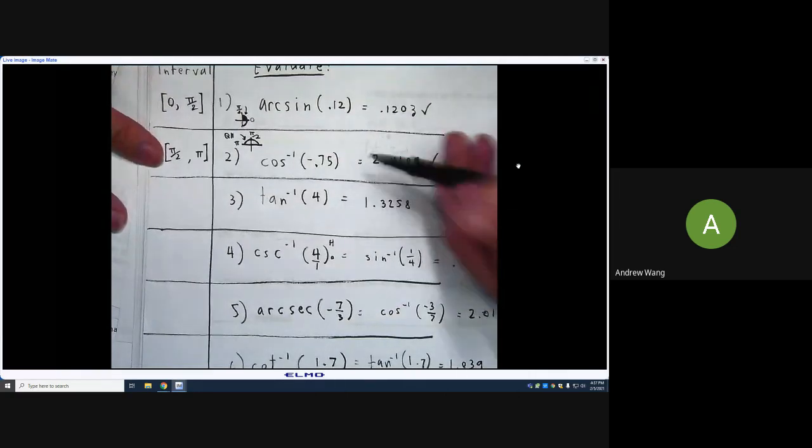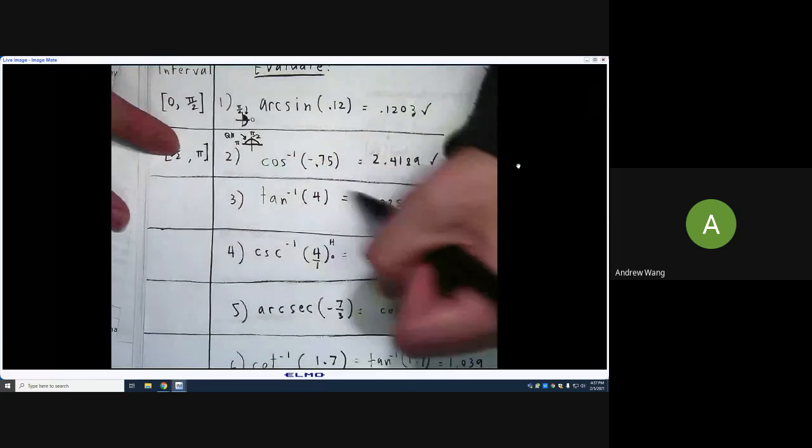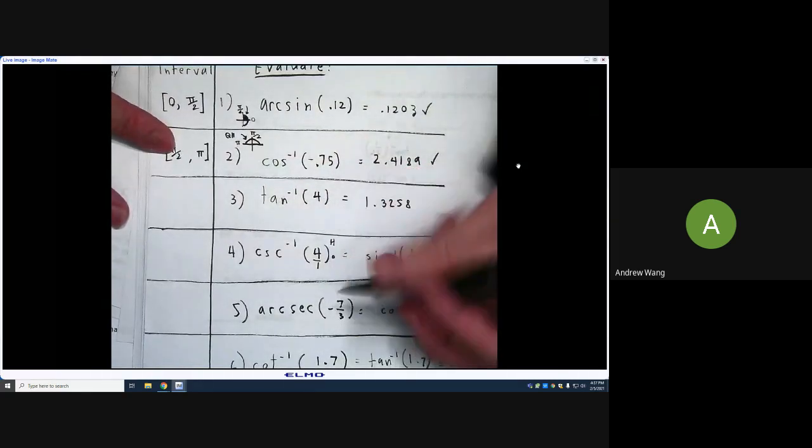Now, you can do this with all of these, like tangent. We're looking at this tangent. We're like, okay, so where is this going to go? Tangent, since it's positive, tangents are up here. So that's quadrant 1. We're going to say 0 to pi over 2.